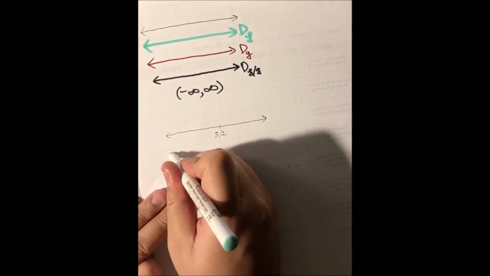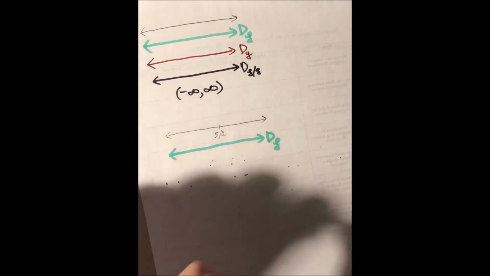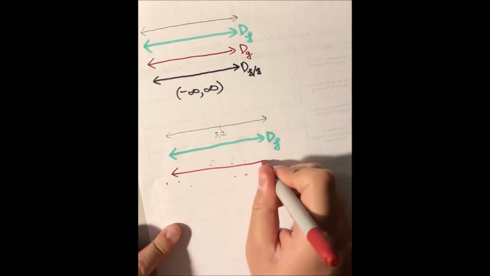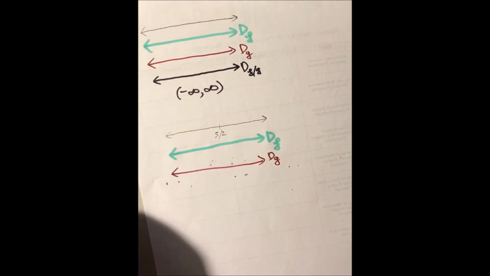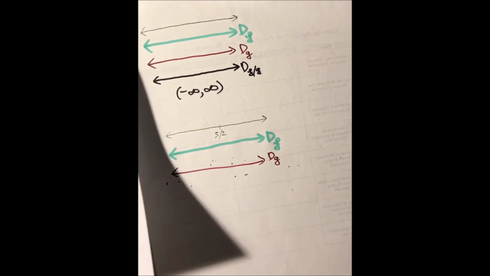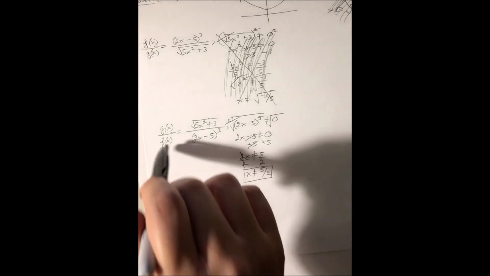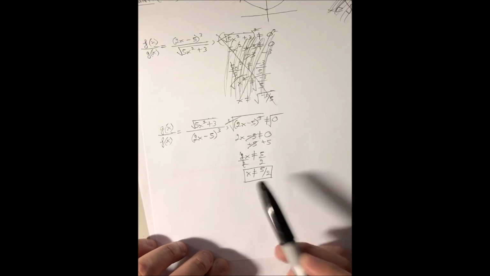Same as usual, the domain of function f and the domain of function g are both all real numbers. And because of all of the restrictions that we have from the function f domain and the function g domain, and from the simplification process of the quotient g over f, x cannot be equal to 5/2.